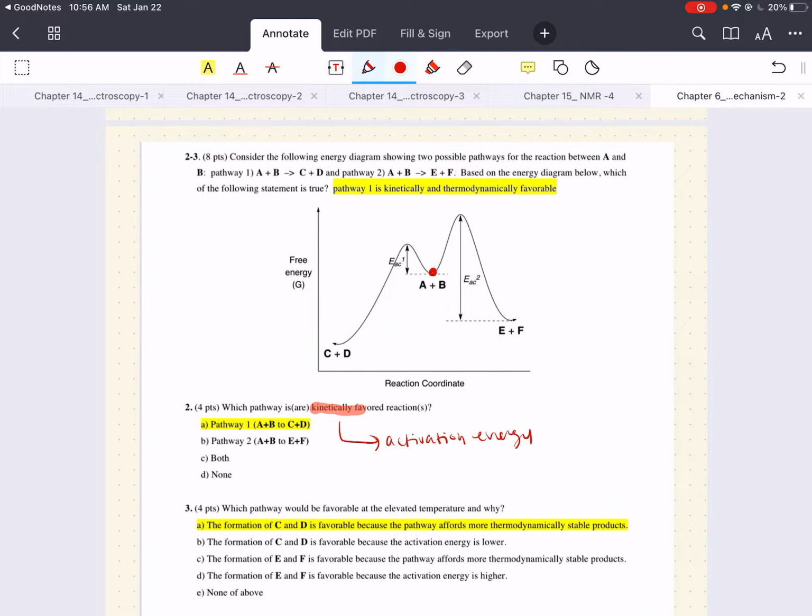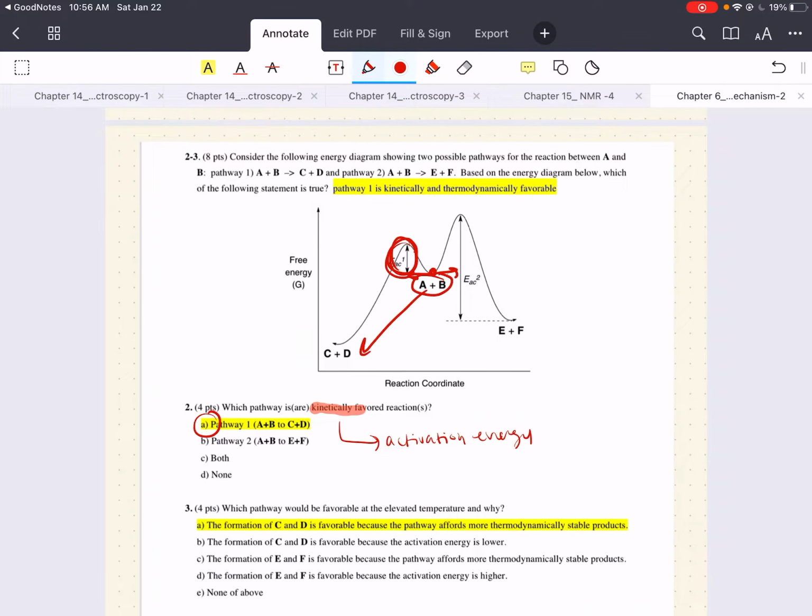Which one of these reactions, going this way or this way, has a lower activation energy? Look how small this activation energy is compared to this. Just purely looking at activation energy, we can tell that the kinetically favored reaction is going to be AB going to CD, because look how small that activation energy is.